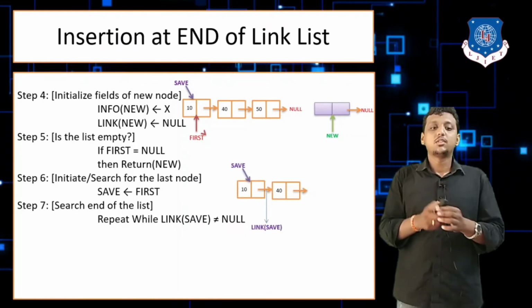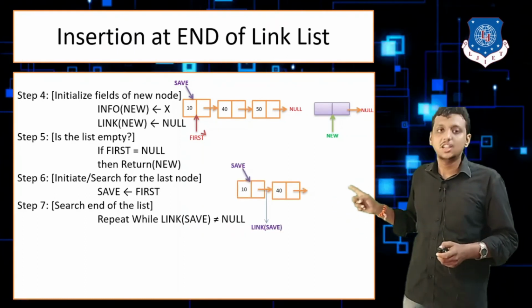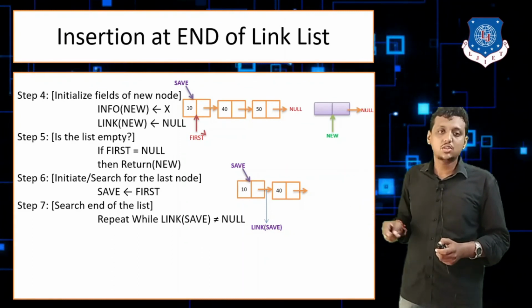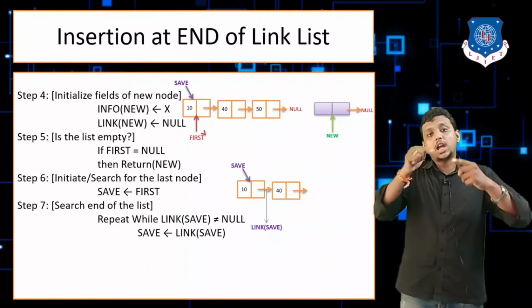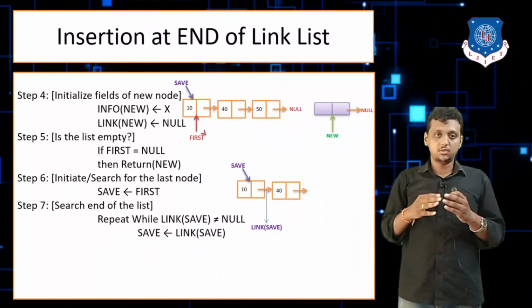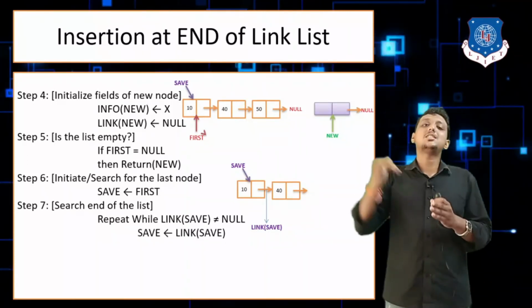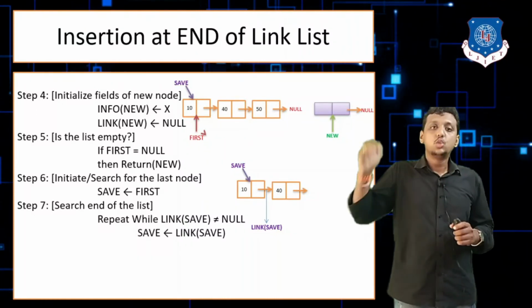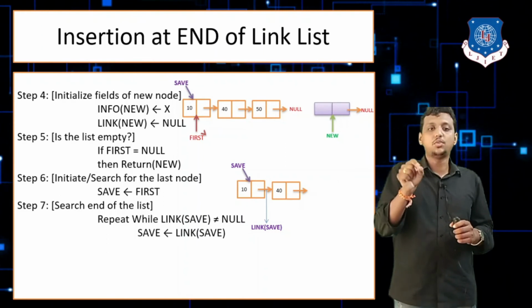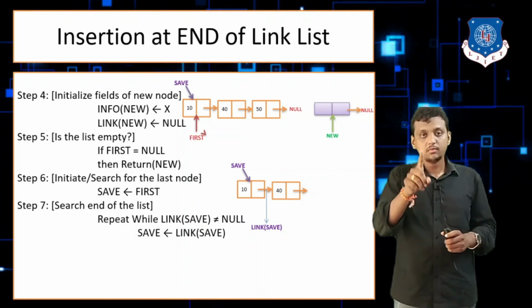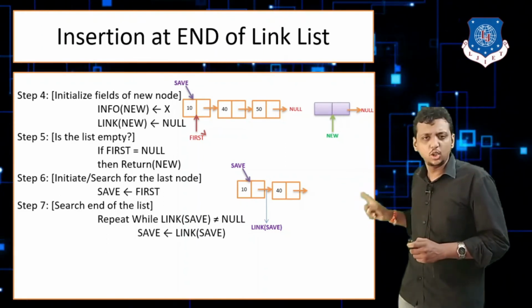And then, if this is 10 and is save, the next node's link is known as link of save. So I need to move save to link of save. Until your link of save becomes null, you just need to move save to link of save, save to link of save. So I'm going to do the same thing over here.